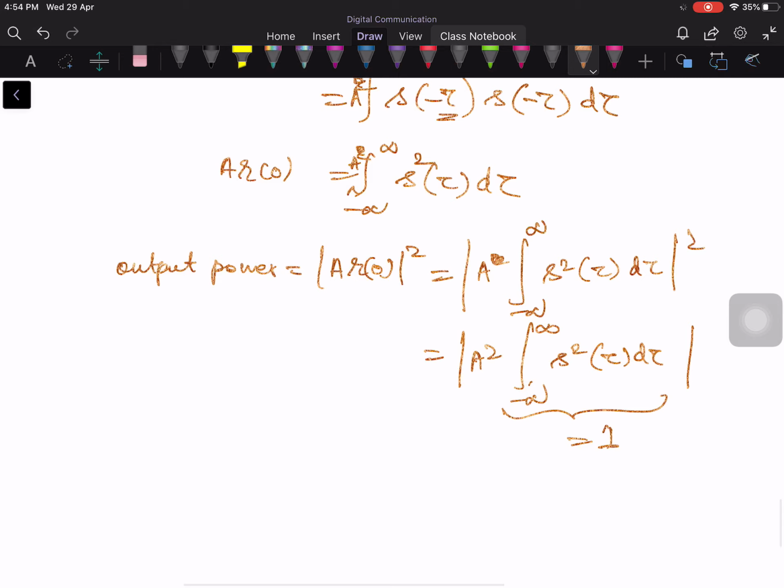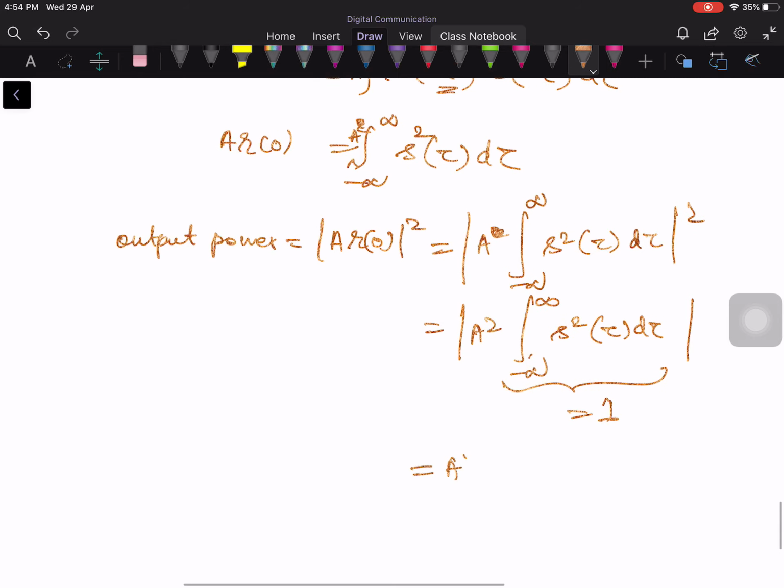Therefore the output signal power, which is coming only due to the signal, is equal to A square.